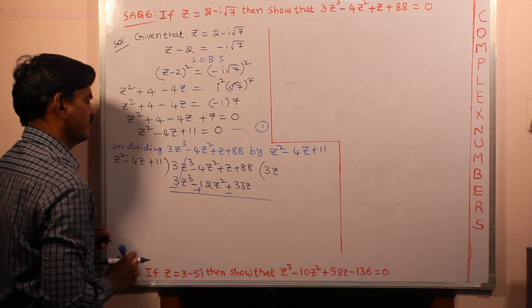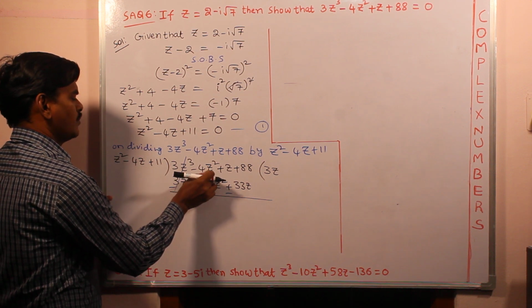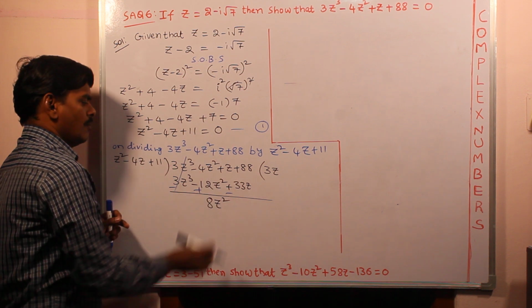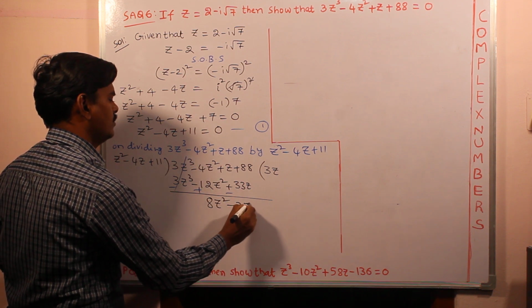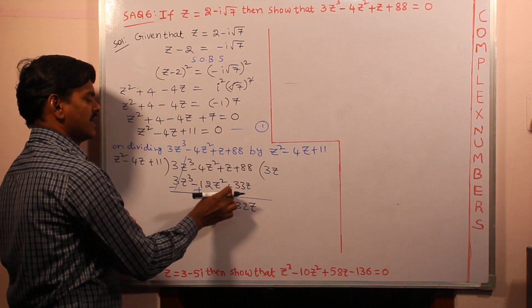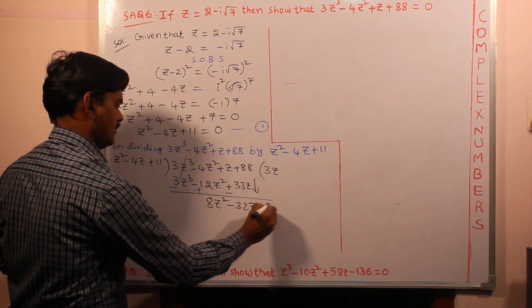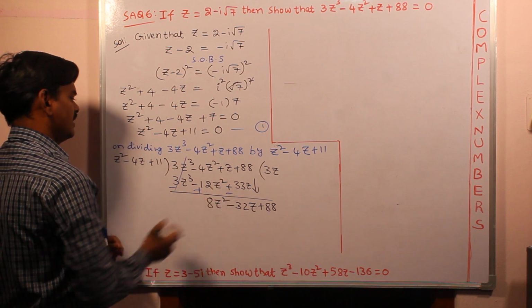Now 3z cube minus 3z cube gets cancelled. Like terms: 12z square minus 4z square gives 8z square. Minus 33z plus z is minus 32z, because the bigger number's sign is minus. Next take down plus 88.